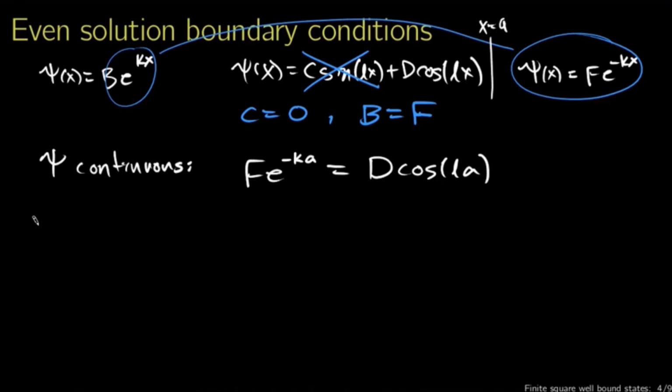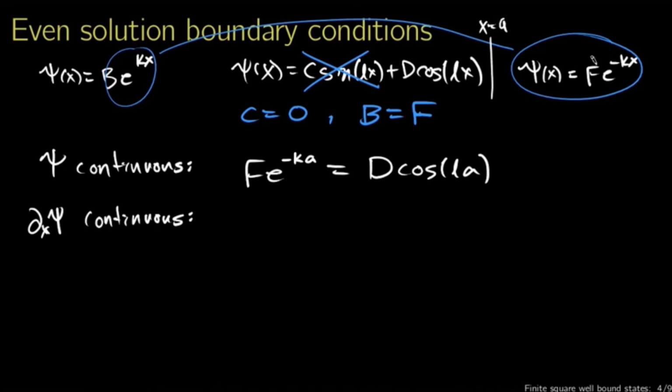The other boundary condition we have is that the first partial derivative of psi with respect to x is also continuous. What that tells us is we can take the first partial derivatives of these things, plug in the value x equals a, and that will also give us an equality.